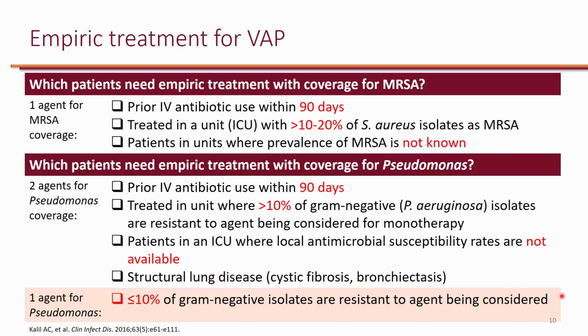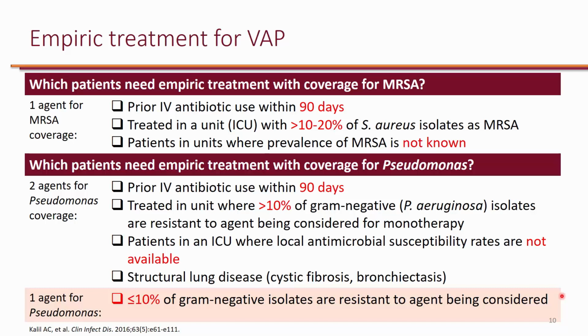Now, the same is true for Pseudomonas when it comes to IV antibiotic treatment in the past 90 days. With Pseudomonas, it's recommended to use 2 agents that are active against Pseudomonas empirically, especially in ICUs where the susceptibility rate of Pseudomonas to the agents that we're using is less than 90%.